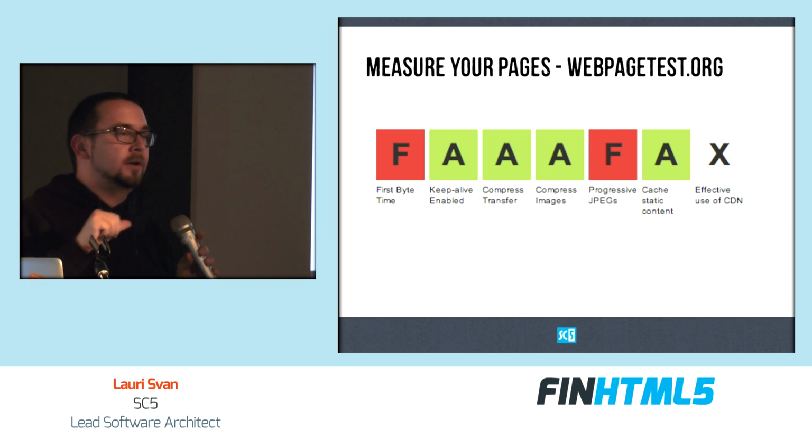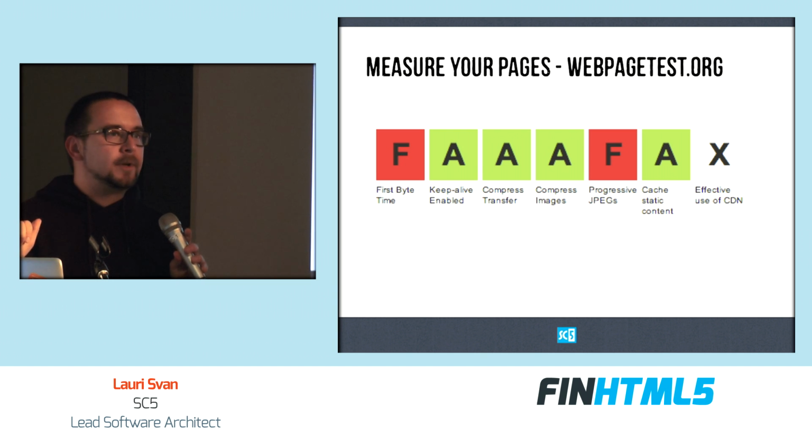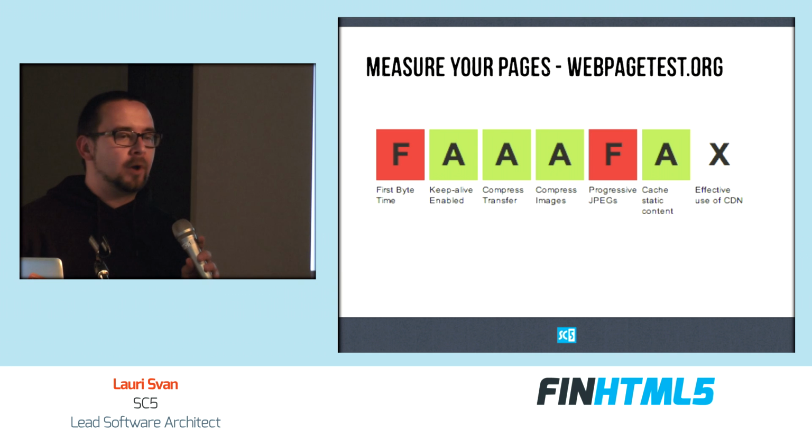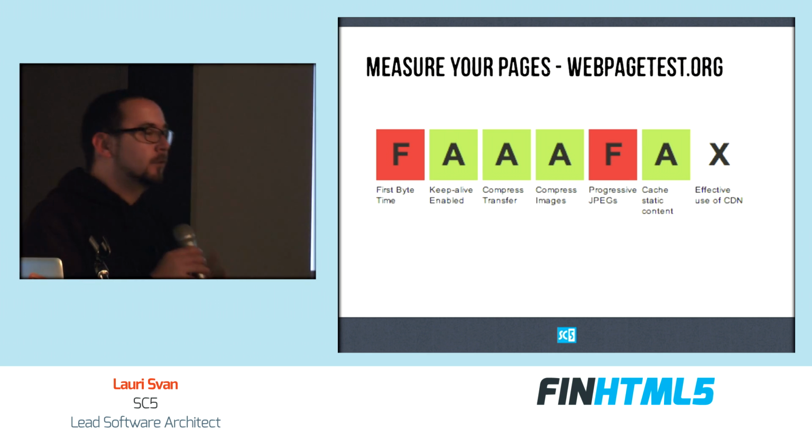Webpagetest.org gathers the same metrics, but the good thing is that you can simulate a different connection, for instance, from a different country. So you could get quite a good understanding of how your users in, say, Germany or Russia or wherever would perceive your application. And then it can give you different kinds of grades on how well your application scores.